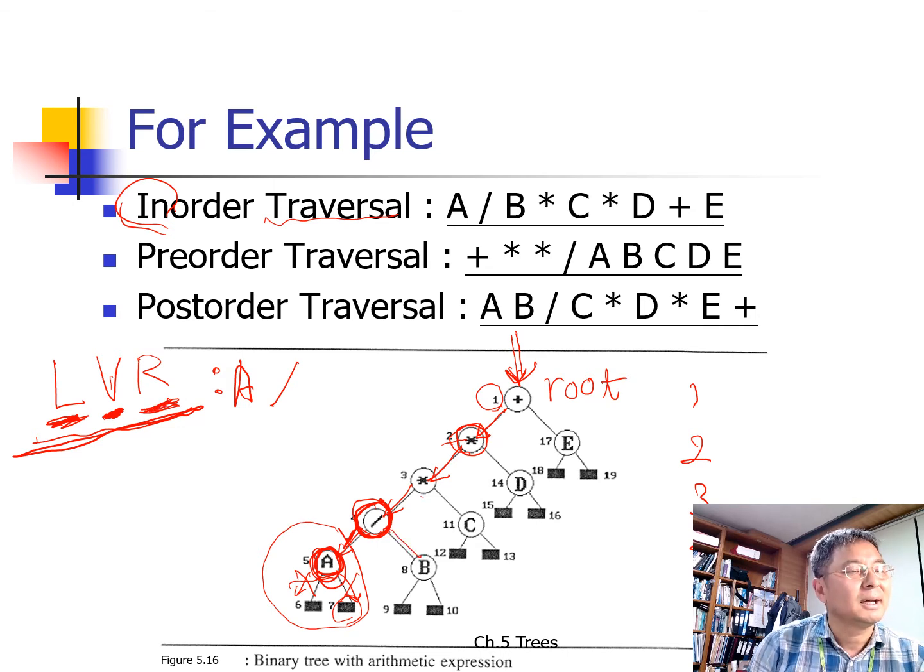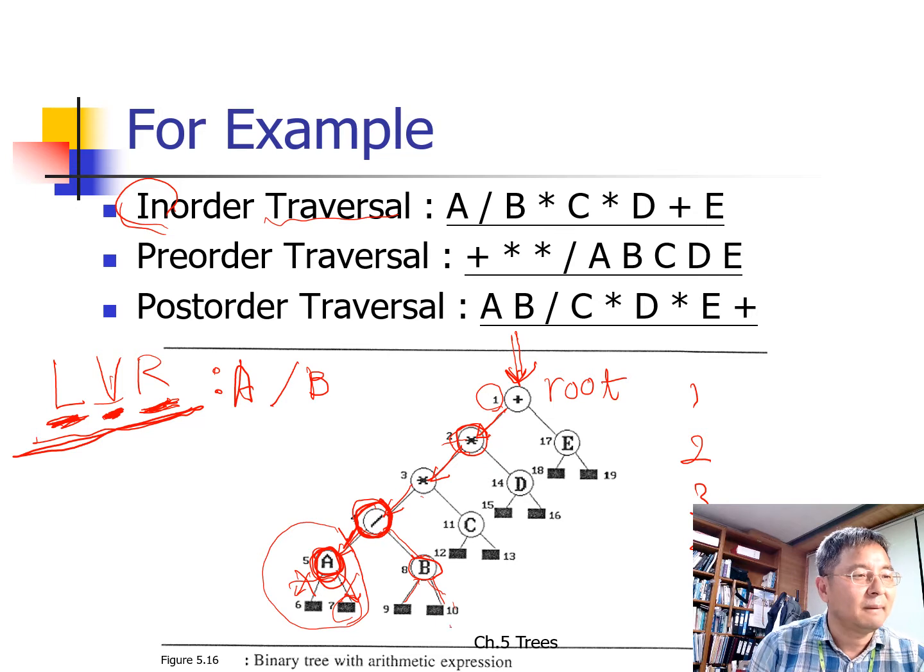At this node, B is a leaf node. That means that there are no children of this B node. So there is no L. L is finished now. And read the value V, which is B. Okay. And then going to the right, nothing.